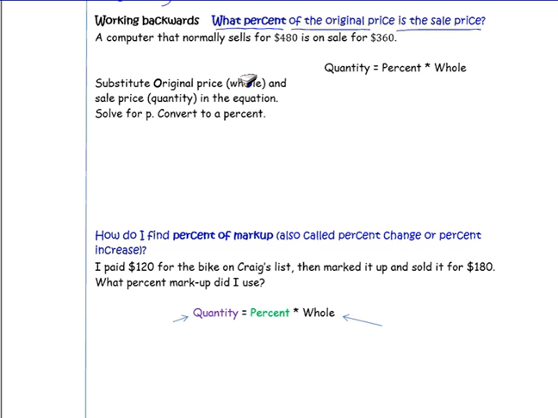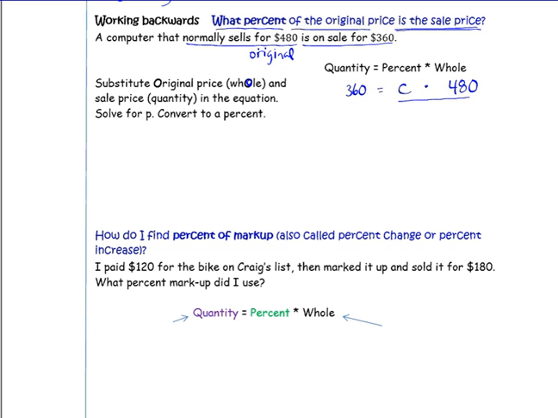So the computer that normally sells for $480, that is the original amount. That is our whole. Then the percent is what we're looking for. So I like to use C for a variable for percent. And then "is on sale for $360." So "is" is the sale price, that's our quantity.